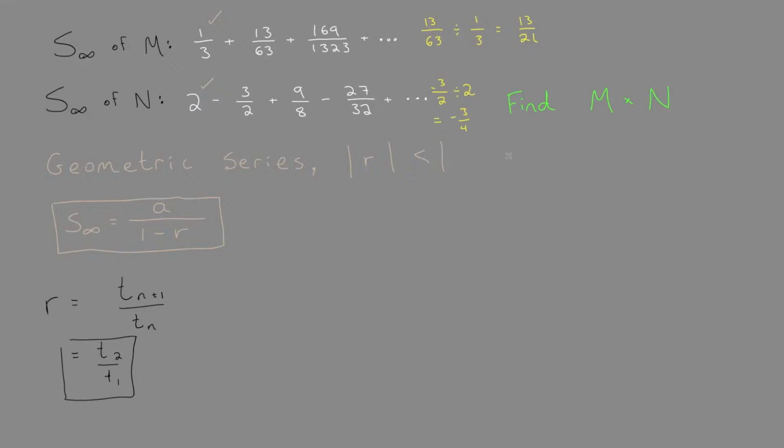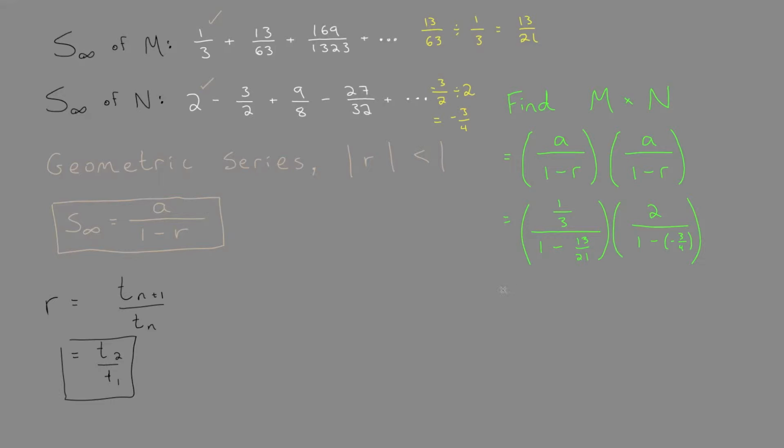Now we'll find m times n, which is the sum to infinity of the first times the sum to infinity of the second, and we'll substitute the values in for each one. The first term, a, of the series m is 1 over 3, and we're dividing by 1 minus the common ratio, which was 13 over 21, times the first term in series n, which is 2, divided by 1 minus its common ratio, which is negative 3 over 4.